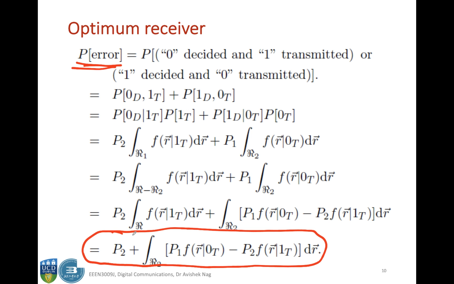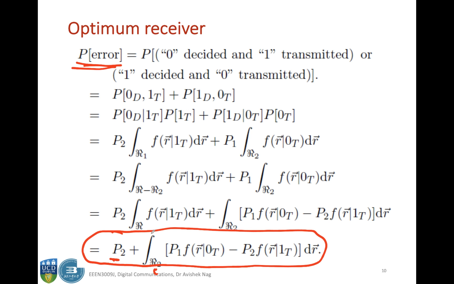The probability of error is basically P2, which is a fixed term. That was the a priori probability of sending a 1. So P2 plus some term here, and this term is an integral over all points that you are observing in region R2.